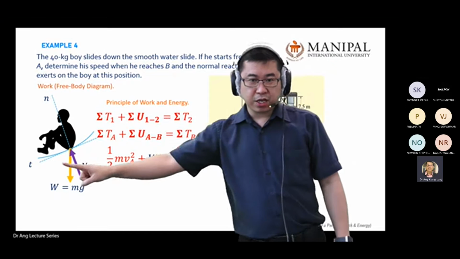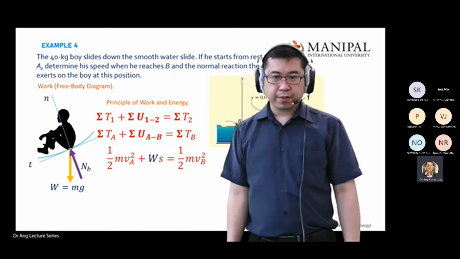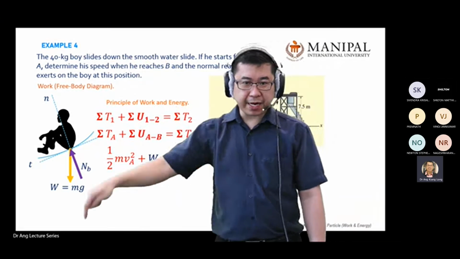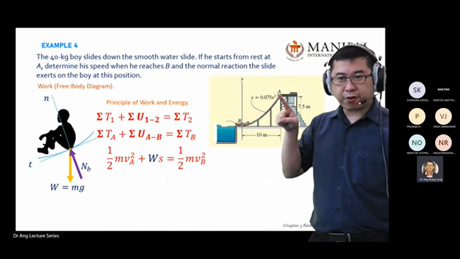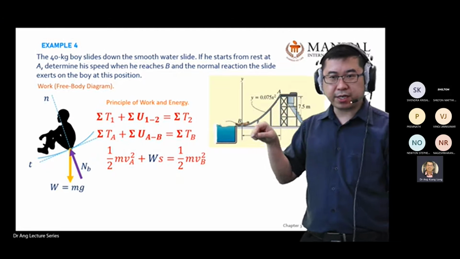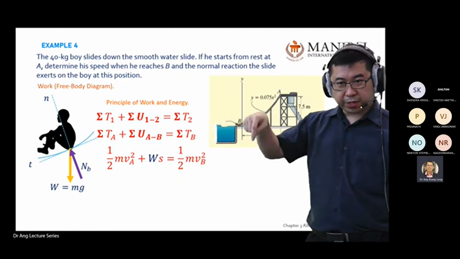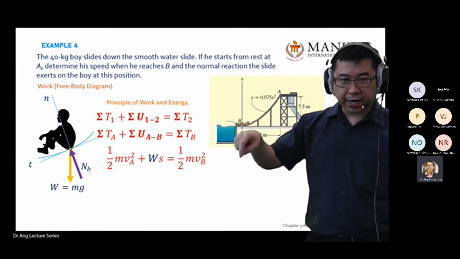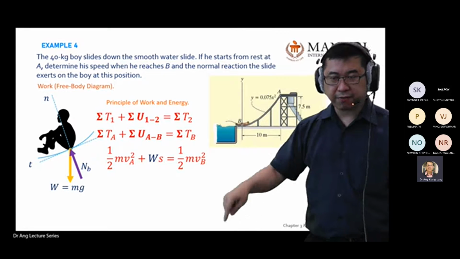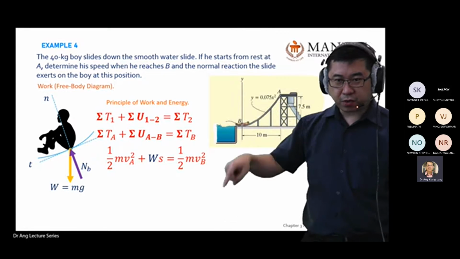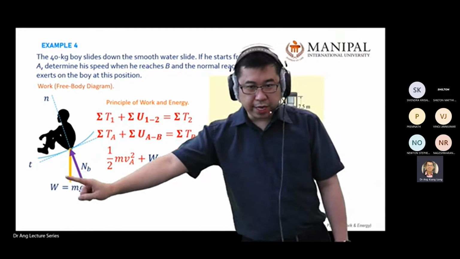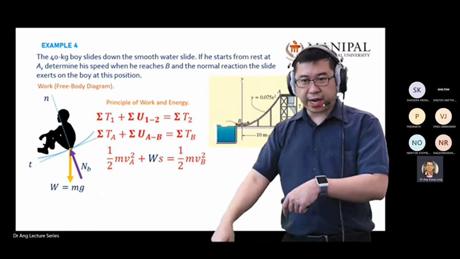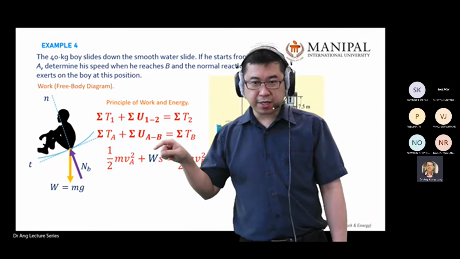In this case, your W goes in the same direction as your S. Why? Because this object goes from this location to this location, so it is actually falling in the Y direction. So this is the positive displacement direction, going down in Y. So your W is in the same direction as your S, and you get positive work there.